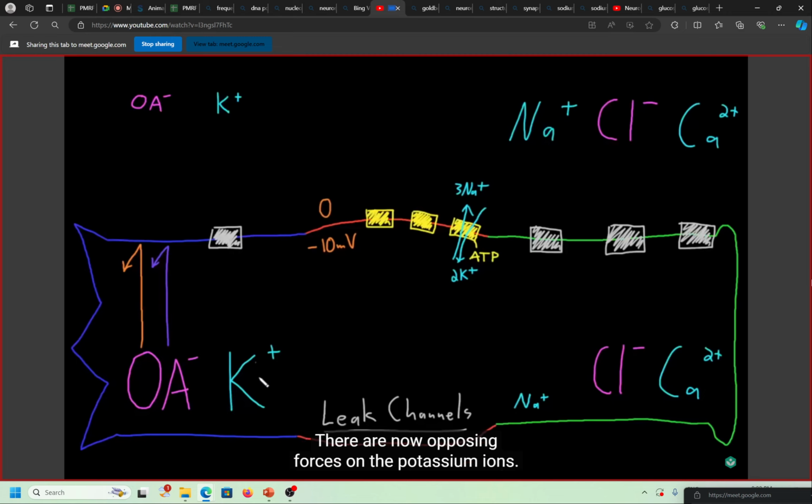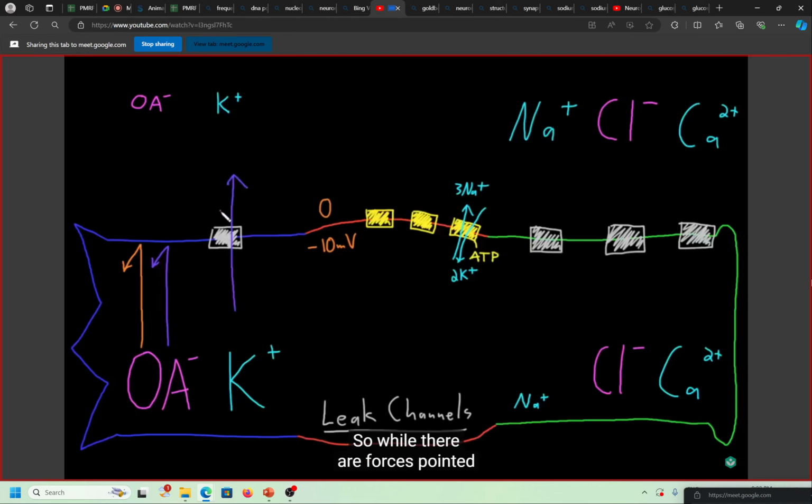There are now opposing forces on the potassium ions. The electrical force will be trying to drive these cations in to the more negative inside of the cell, but the diffusion force will be trying to drive potassium out of the cell from a higher concentration to a lower concentration. At typical neuron ion concentrations at this imaginary step, the diffusion force would actually be much larger than the electrical force.